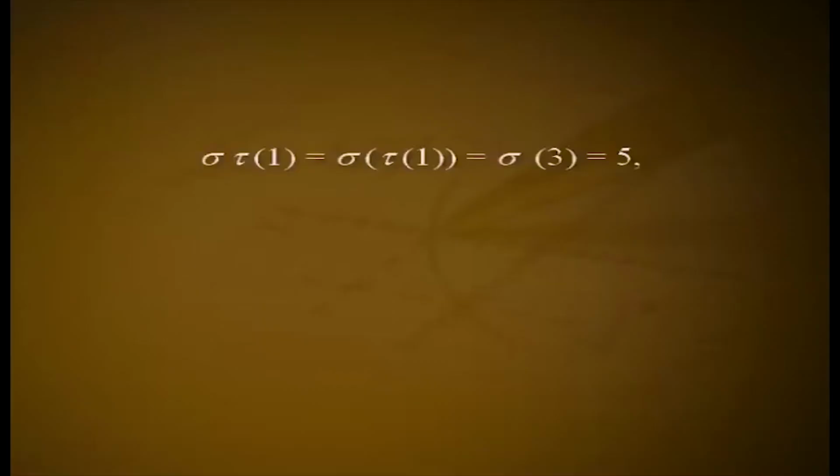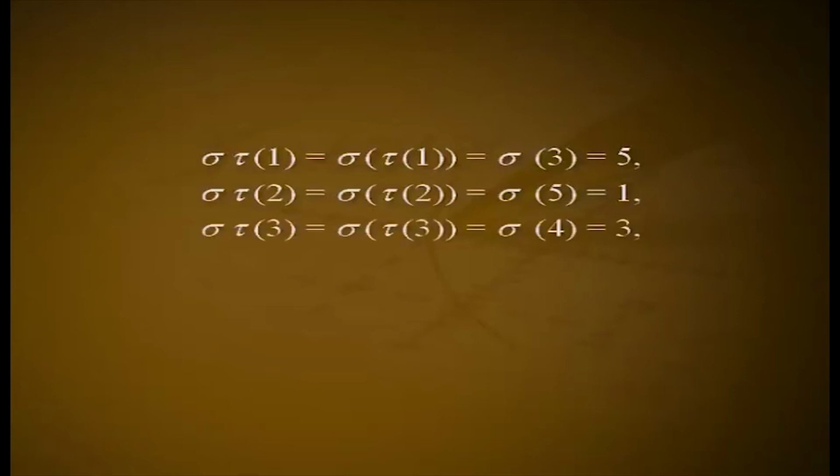Solution. Sigma tau of 1 is equal to sigma of tau of 1, which is equal to sigma of 3, which is equal to 5. Sigma tau of 2 is equal to sigma of tau of 2, which is equal to sigma of 5, which is equal to 1. Sigma tau of 3 is equal to sigma of tau of 3, which is equal to sigma of 4, which is equal to 3.